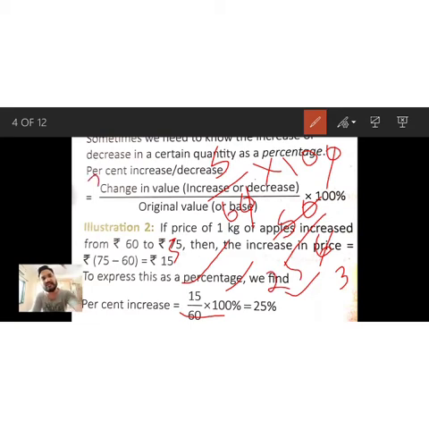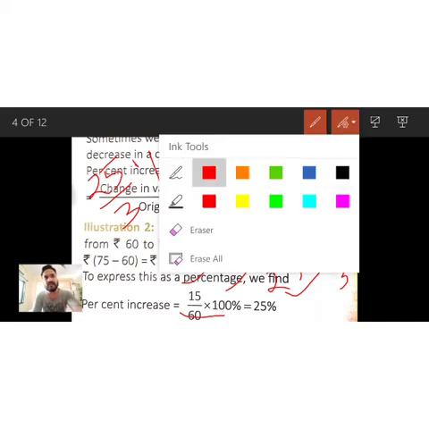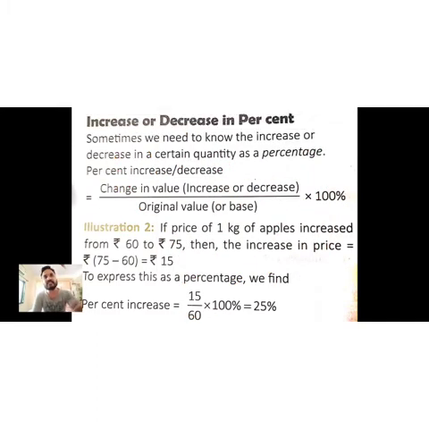So what's our answer? 25 upon 3 percentage. This much percentage, the rate of 1 kg apple is decreased if the rate is 55 instead of 75. So what do we have to do? Simply 60 minus 55. 5 rupees loss is there, so 5 upon 60 multiplied by 100. Okay, this is the increase or the decrease in the percentage, or the change in the values.